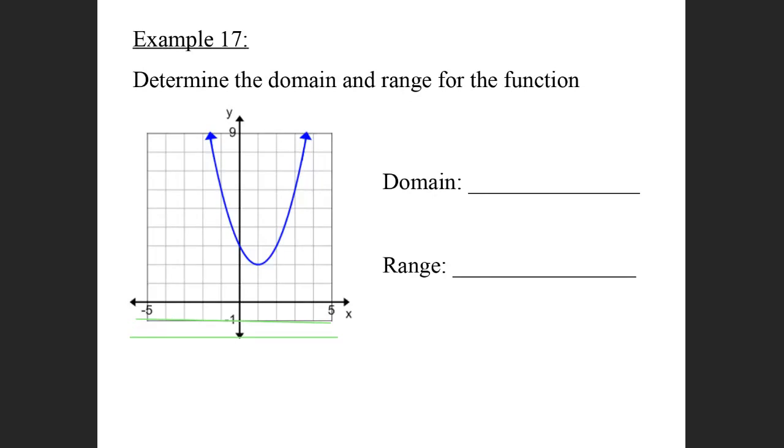The x-axis itself does not intersect the curve, which means 0 is not in the range of f of x. So where do we start the range? This is y equals 1, and it does not intersect the curve. We start at y equals 2. You see this y equals 2 intersects the curve at this point.